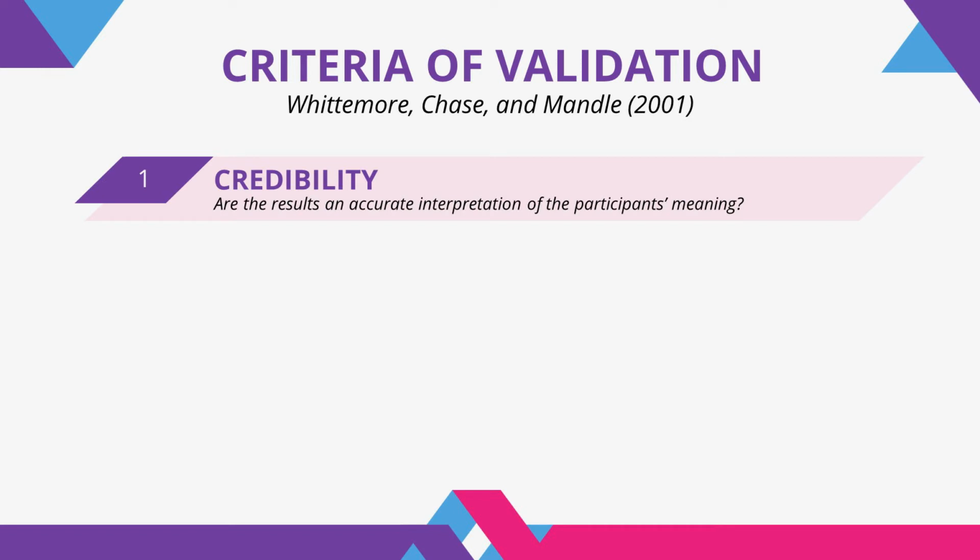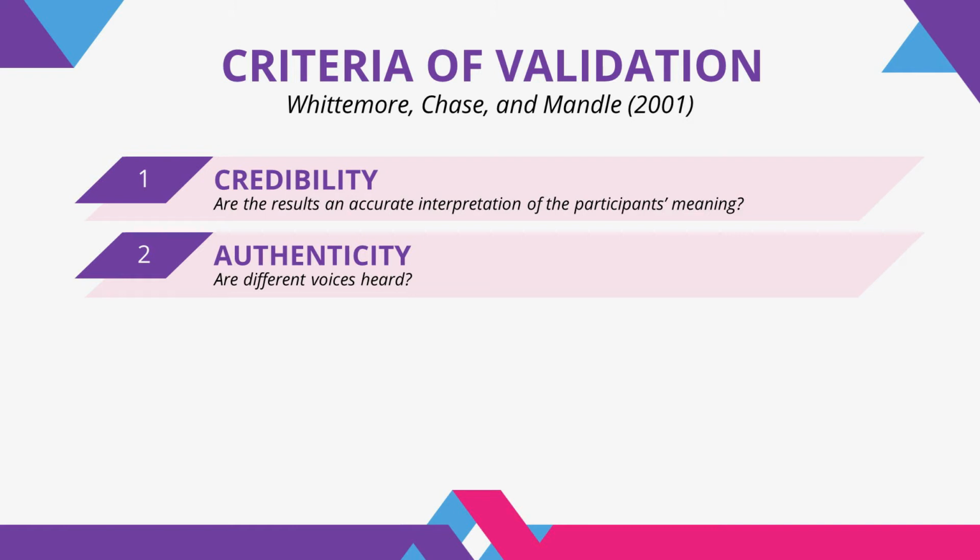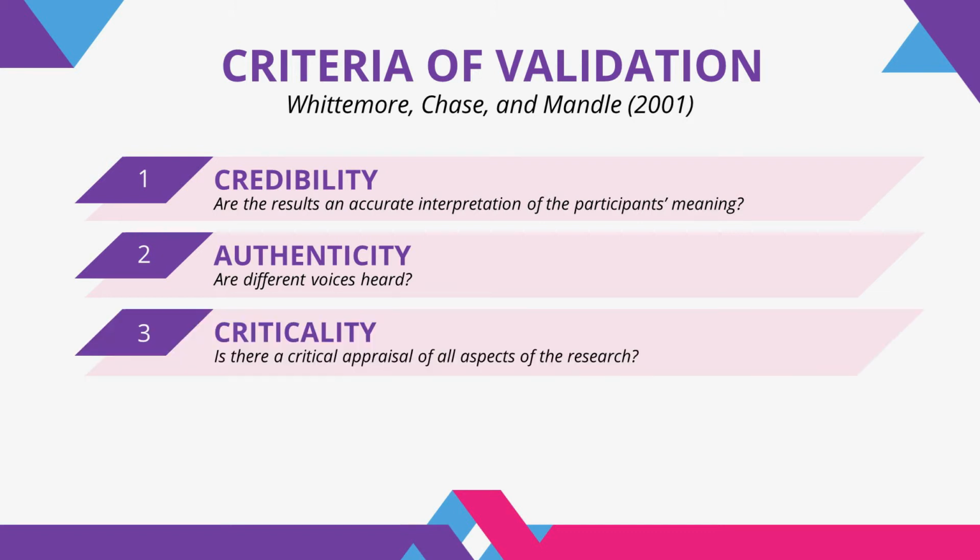Number one, credibility. It answers the question, are the results an accurate interpretation of the participants' meaning? Number two, authenticity. It answers the question, are different voices heard? Number three, criticality.